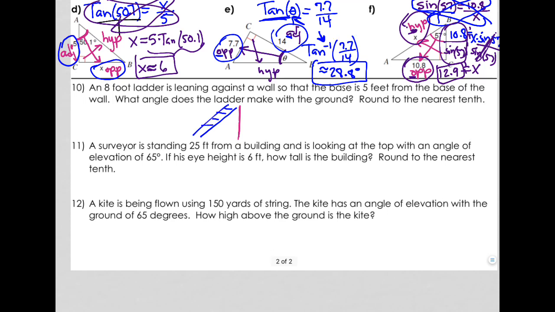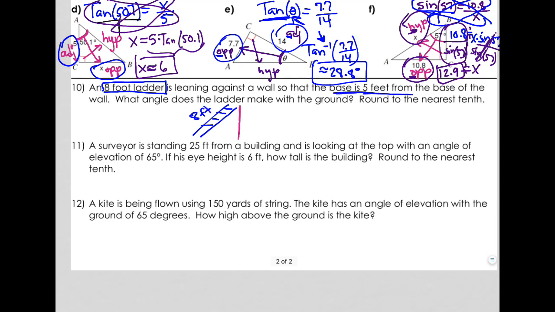So there's our ladder. It's kind of resting on the wall to where someone can use it. I'm just emphasizing that because people draw ladders like, when it says leaning against the wall, just imagining no space between the wall and the ladder. But anyways, an 8-foot ladder, so that's how long the ladder is.